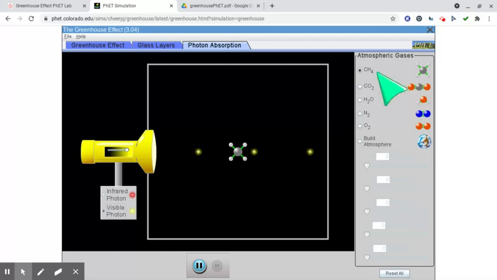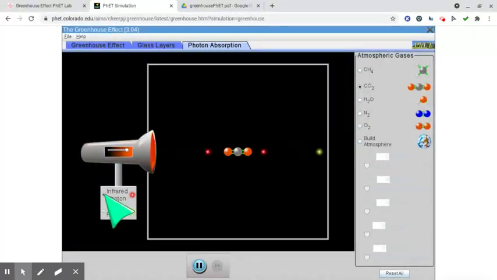All right, let's go to CO2. CO2 is not affected by visible light. Is CO2 affected by infrared, by heat? Oh, look, it starts to bend, kind of dance, it looks like. And taking in that energy causes the molecule to deflect or move the energy.